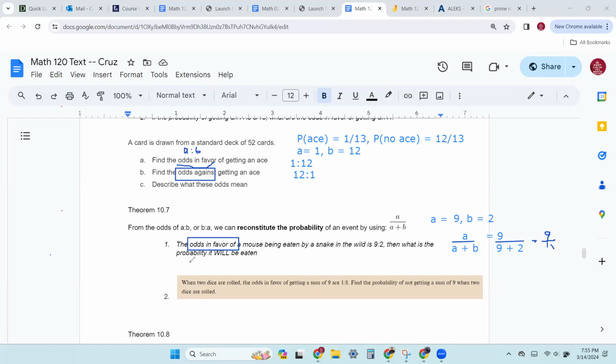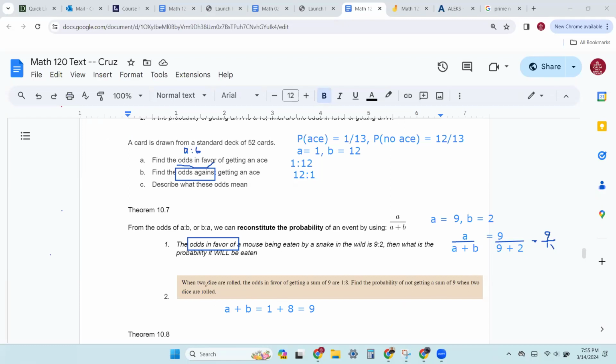So down here to my dice roll, the odds in favor of getting a sum of 9 are 1 to 8. So A plus B is equal to 1 plus 8, which is equal to 9. We've got odds in favor. So the 1 is our A, and then the 9 is going to be the denominator.